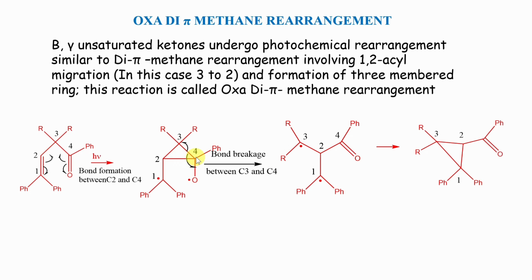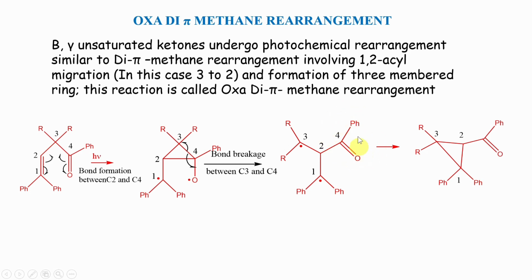Bond breakage takes place between C3 and C4, leading to the formation of a 1,3 biradical. Here the carbonyl group is formed by this carbon and oxygen using the free radicals, that is the carbon free radical and the oxygen free radical, and hence the acyl group is regenerated.